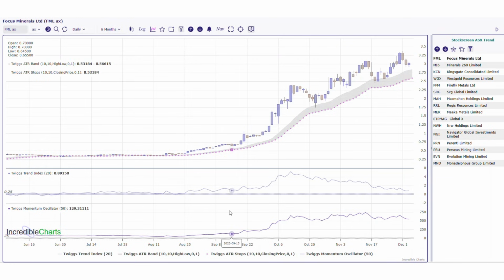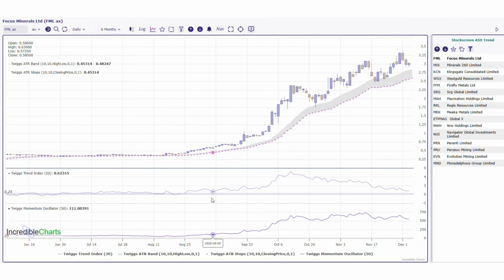You can see how steeply the stock has climbed, and momentum has been above the 25 level, the filter level, the entire 6-month period. Trend index has oscillated around a bit, but since, say, July, it has held mostly above the 0.25 level that we used as a filter.